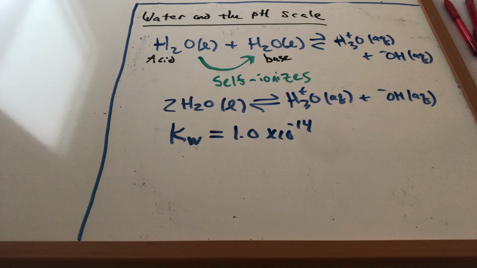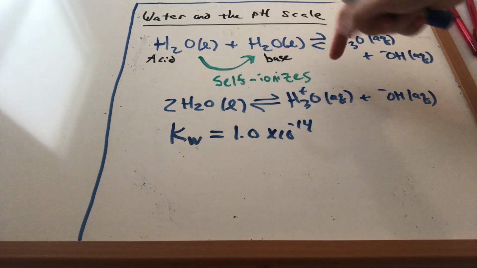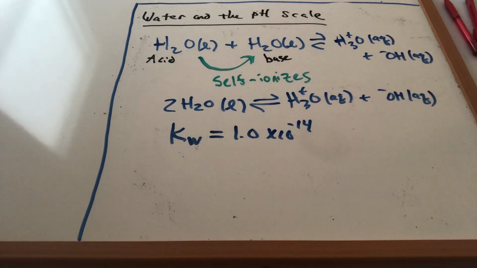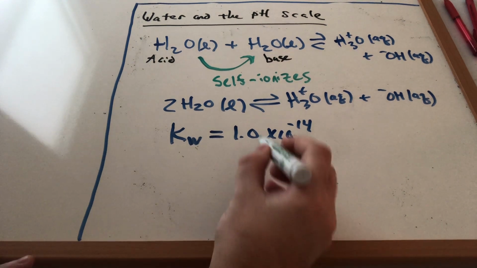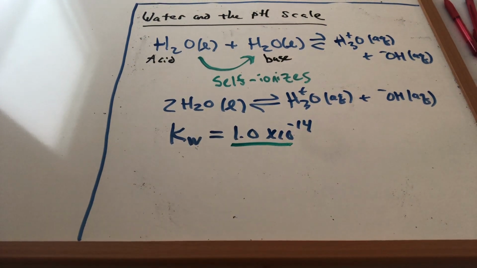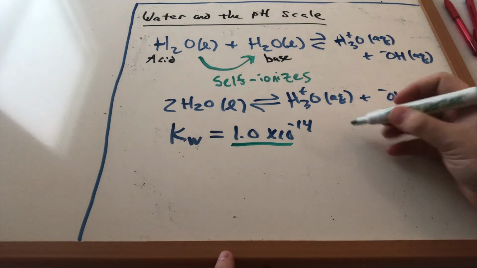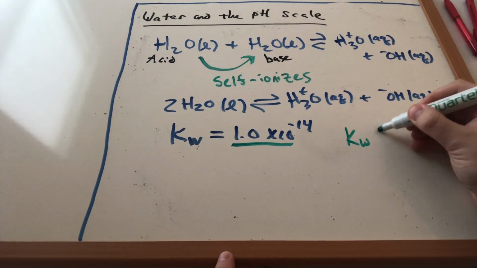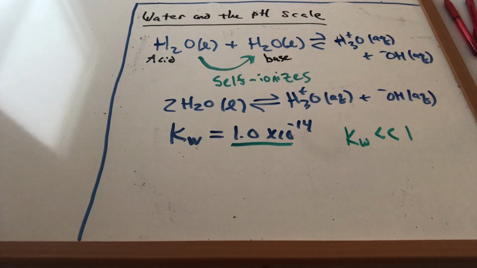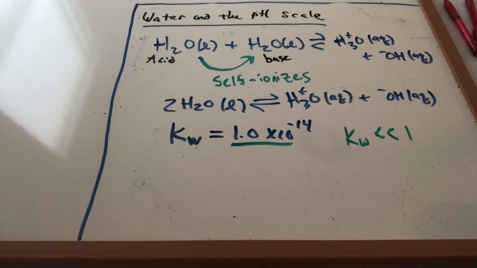So there's an equilibrium that's established inside just pure water where the water is breaking down into H3O plus and OH minus. But let's remember some things from the previous discussions we've had. This K is very, very small. Kw is way less than 1. I mean, it's 10 to the minus 14. If you think about that number, there's like 13 zeros and then a 1, right?